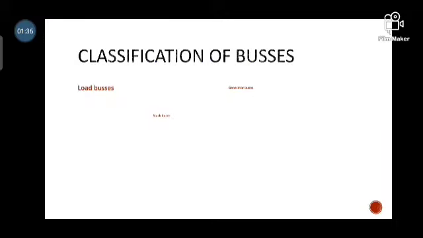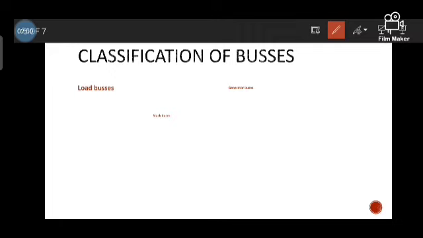Let's see the classification of buses. I have already told you the concept of buses. There are three types of buses: load buses, slack buses, and generator buses.